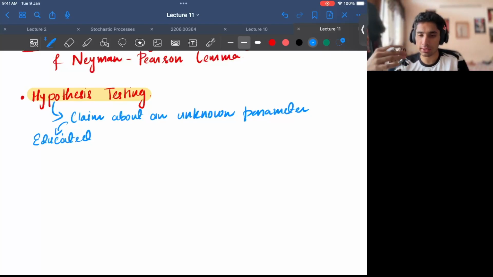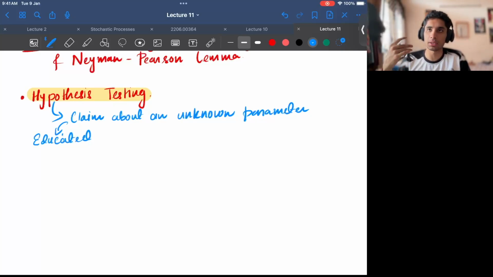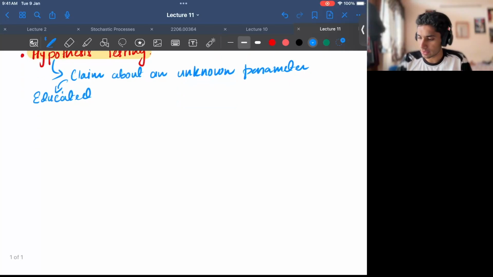And what is hypothesis testing then? Well, hypothesis testing is just, you have multiple hypotheses. For example, I have one hypothesis, you have another hypothesis. The question then arises: whose hypothesis is better? When these kinds of questions come, that is what we call hypothesis testing.